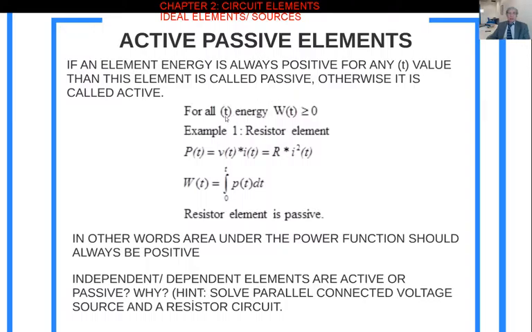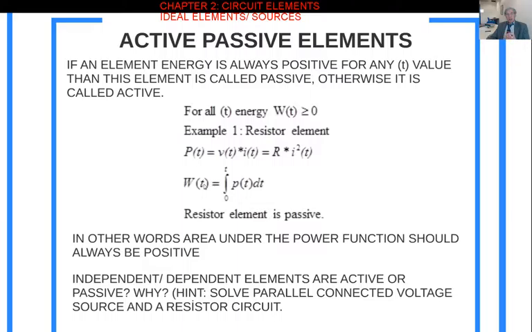Mathematically, the energy for all t is going to be bigger than or equal to 0. You can transfer this to power: the integral of v(t) times i(t) from 0 to t gives you the energy, and this energy is going to be always positive.